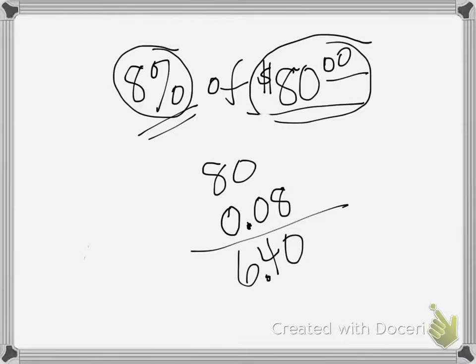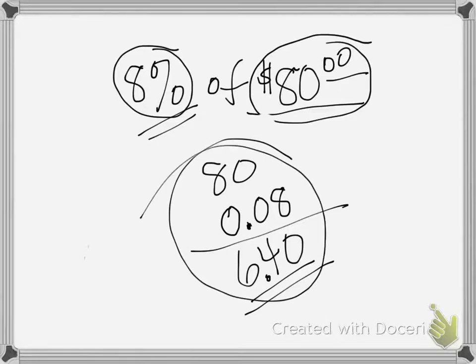Therefore, I know this makes sense because I know 10% of $80 is about $8, so 8% is probably going to be about $6.40. I like just doing it and testing it for reasonableness that way, instead of adding the decimal places and going over, because that gets a little weird sometimes.